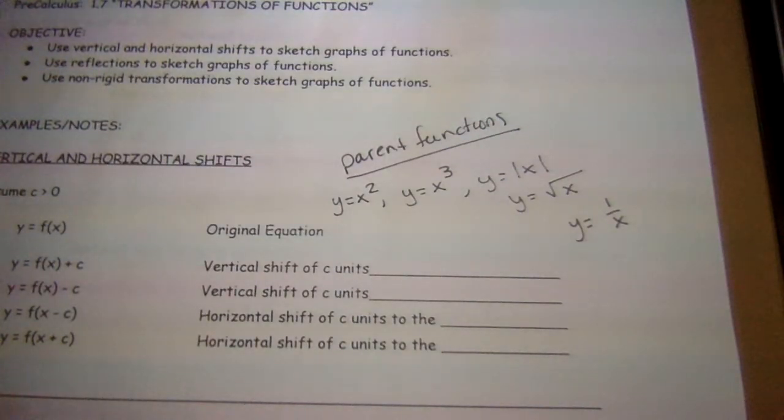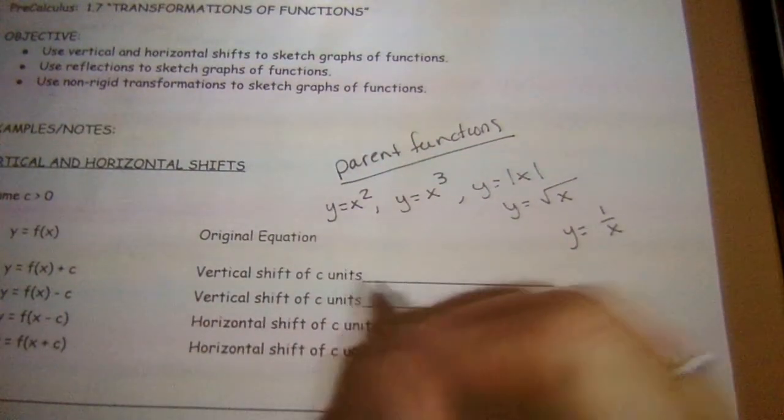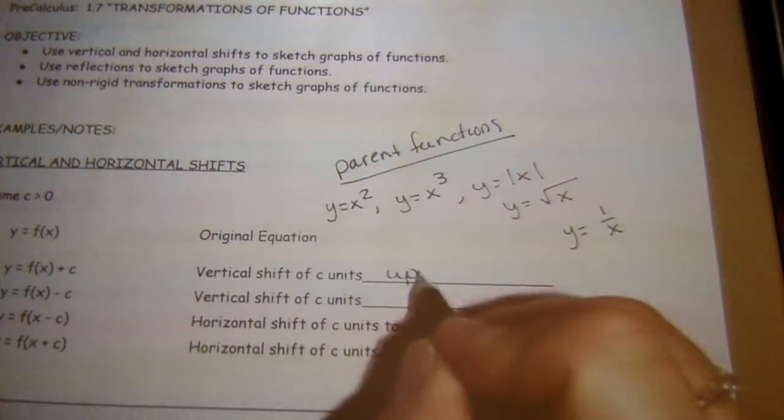And then what does a plus c, like x squared plus 5, do to the original graph? It's a vertical shift, which means it's moving up 5. So it's a vertical shift of c units upward.